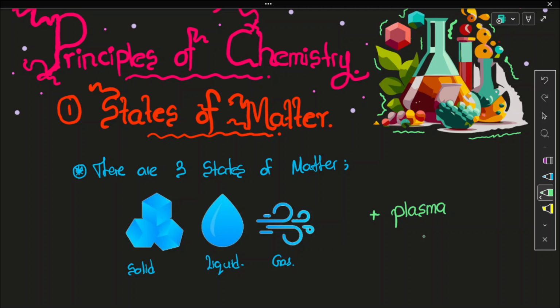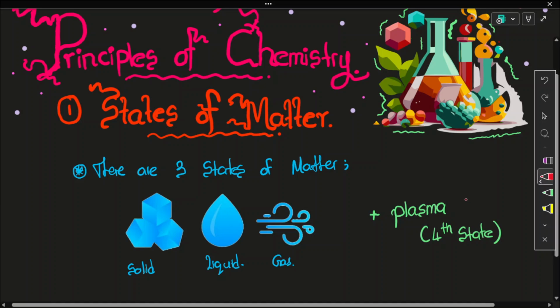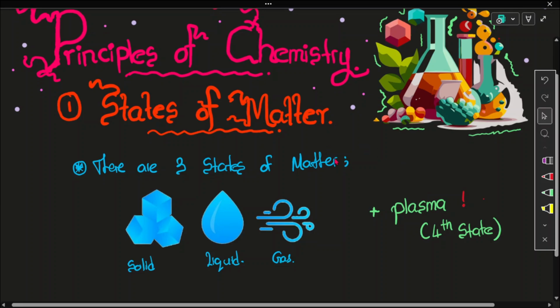A state known as plasma can actually be treated as being the fourth state of matter. Once again, you don't have to know anything about plasma at IGCSE levels, not at all. I just wanted to mention it as a little bit of a fun science fact.